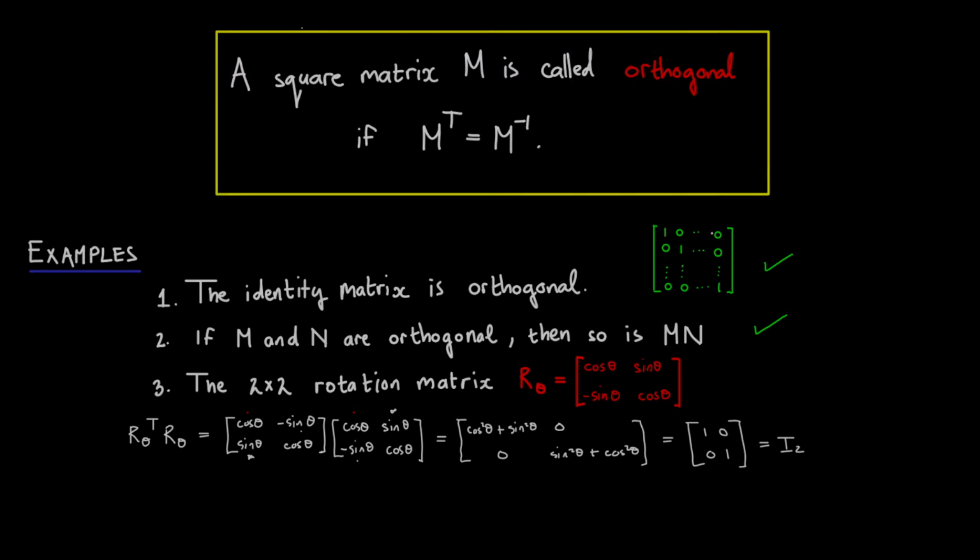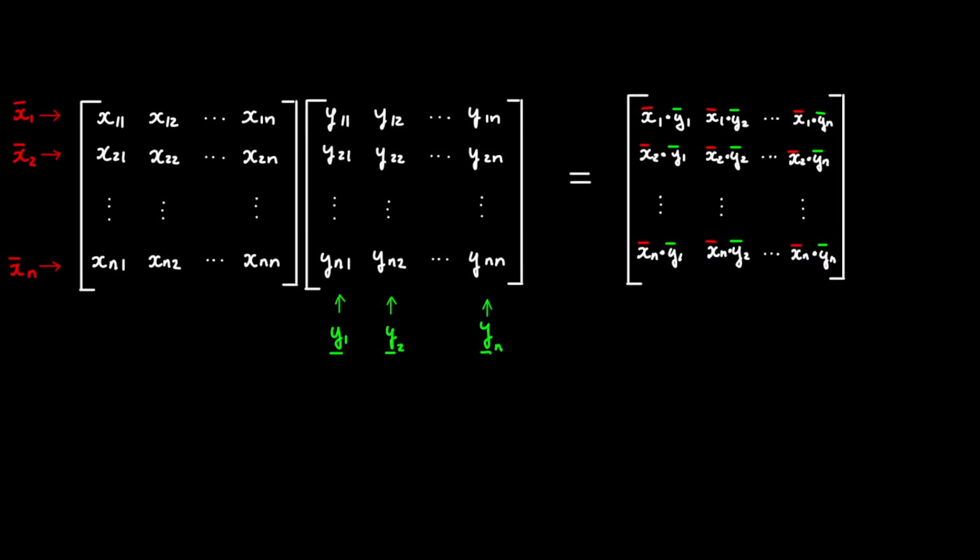Okay, now just before we give a nice description of orthogonal matrices, let's just take a look at matrix products. So here, what are we doing? We are representing matrix products in terms of dot products by considering the rows and the columns here. So here we are going to think of this vector as this row vector here.